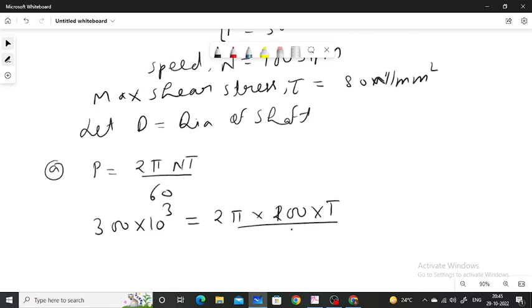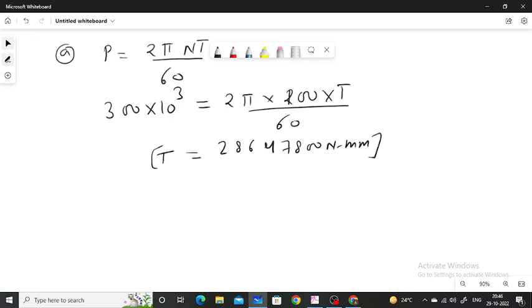So we can calculate the torque. The torque is 28647800 Newton mm. Okay.